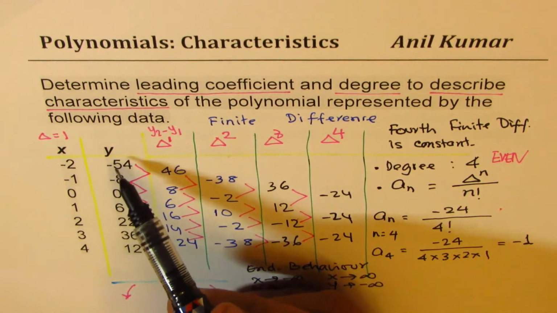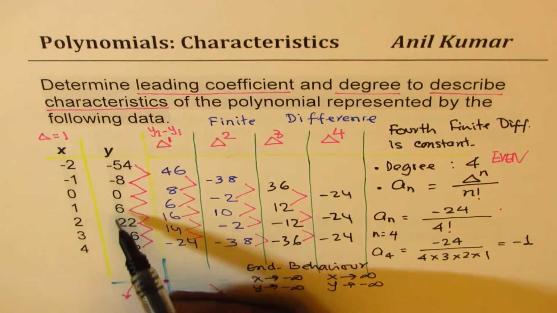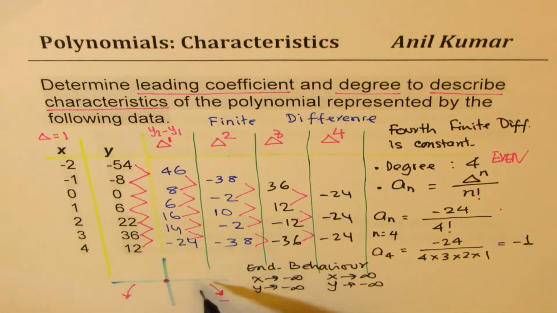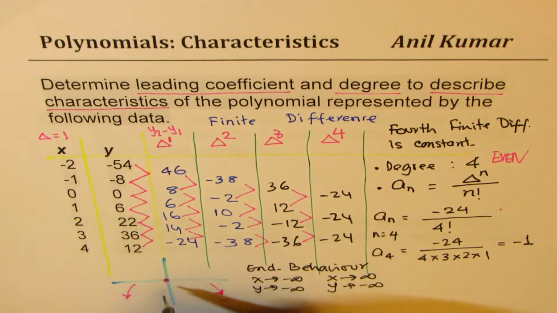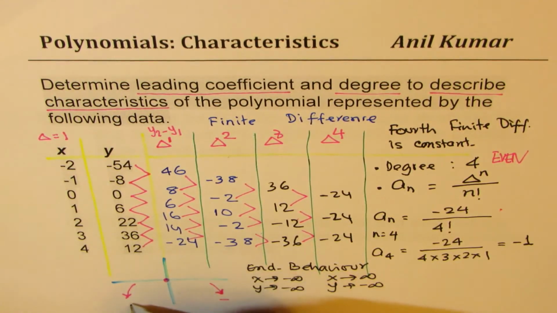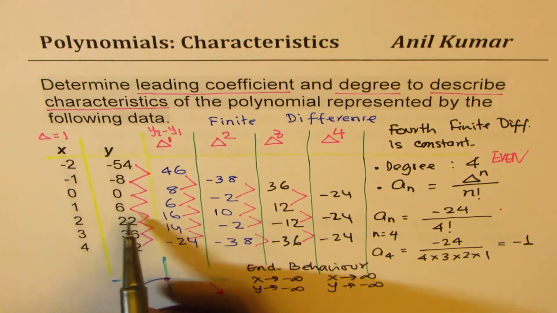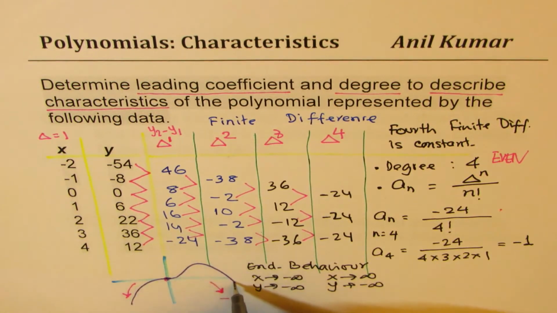From the data, it is clear that it is negative in this half, is 0 at 0, then becomes positive. It is increasing to 36 and then decreasing. If you look at the data and try to sketch the function, it kind of goes like this: after 0, it increases to a maximum, and then it has to turn back.